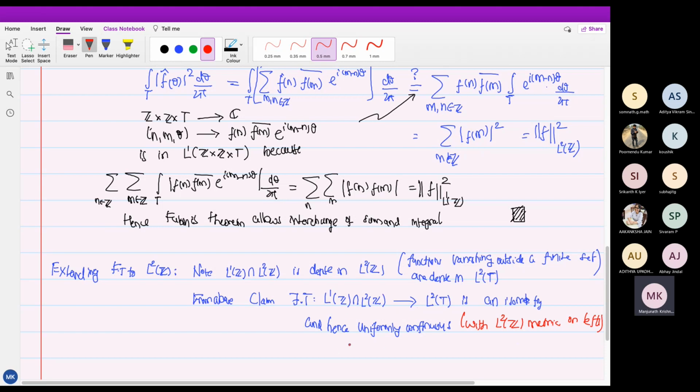So the distance between the Fourier transforms of two things is the same as the distance between the two functions, for f and g in L1 intersection L2 of Z.